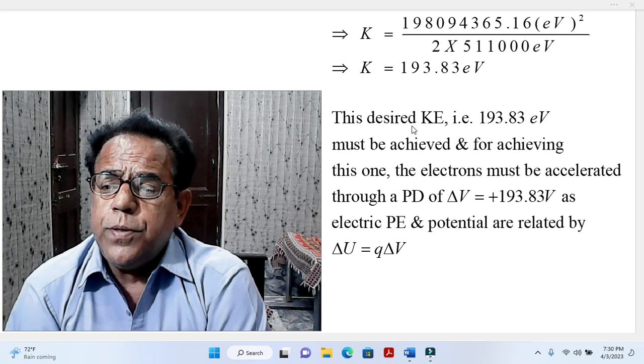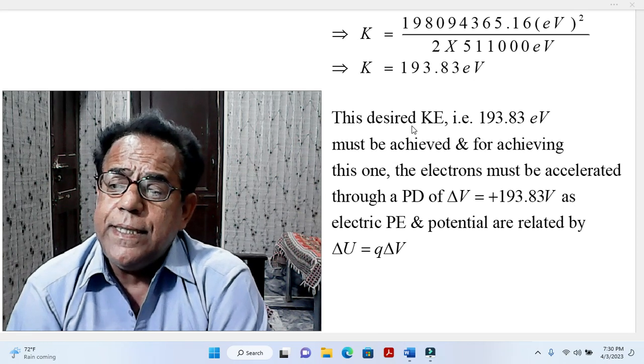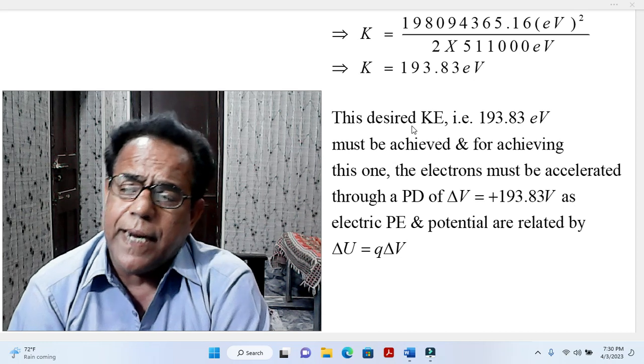We have to achieve this kinetic energy in order to gain the desired potential.